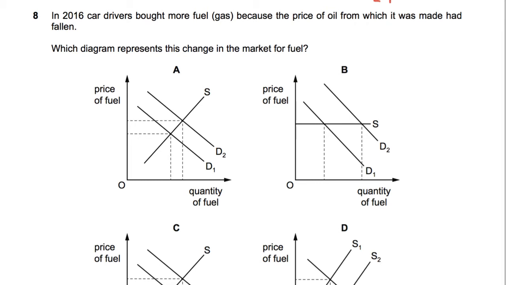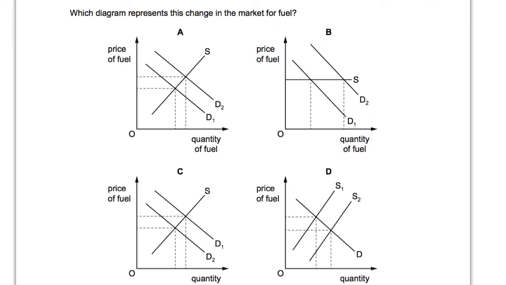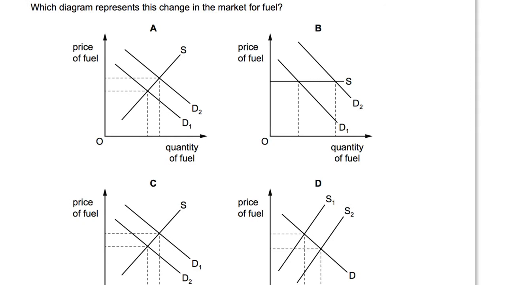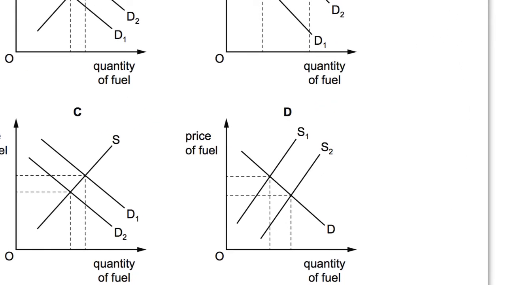So there must be a reduction in the cost of production. So the right answer for this one would be D, because in D there's a supply curve shifting to the right. A shift of the supply curve to the right would mean cost of production is going down, and because of this increase in supply, the price has gone down, which is basically making car drivers buy more fuel.